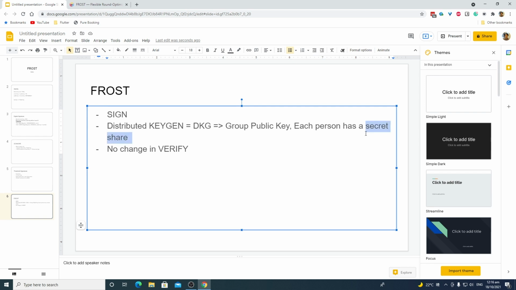The secret share is such that if you have T people out of N, they can use their secret shares to create a signature.